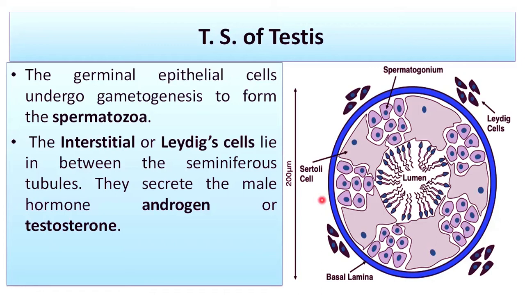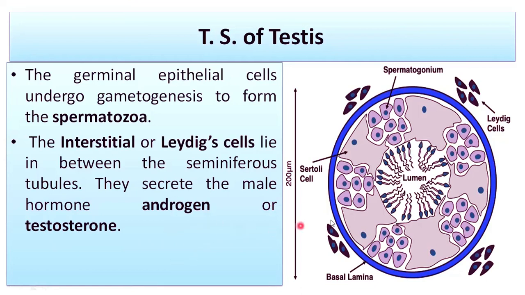Various stages of spermatogenesis can be seen in the seminiferous tubule, and the innermost spermatogonial cell is diploid, the primary spermatocyte is diploid, and the secondary spermatocyte is haploid. Now the sperm is haploid. The interstitial Leydig cells lie between the seminiferous tubules, and they secrete the male hormone androgen and testosterone.